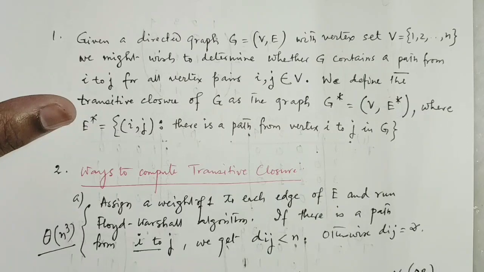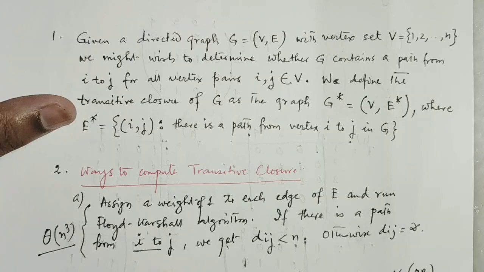If you forget, just recapitulate it. There is an addition operator, d of ik plus d of kj, that is i to k plus k to j. Is it minimum, or i to j is a minimum? So minimum is one operation and the second operation is the addition.